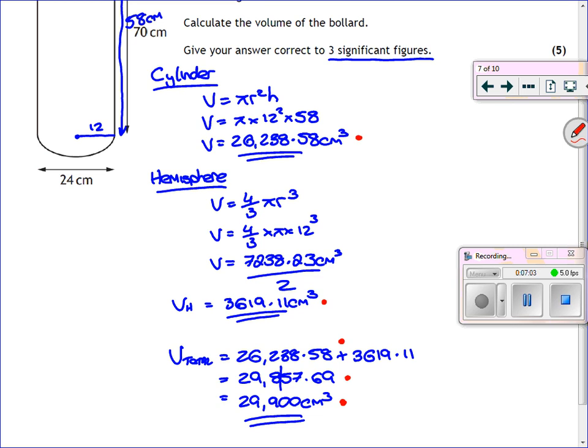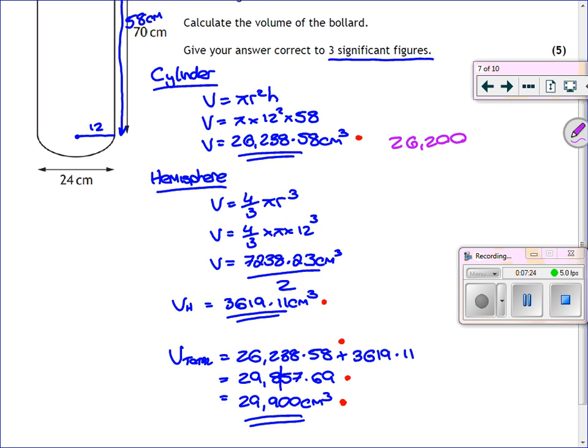Also make sure that you don't round too early. For example, I will not round to 26,200 here, 3 sig figs.